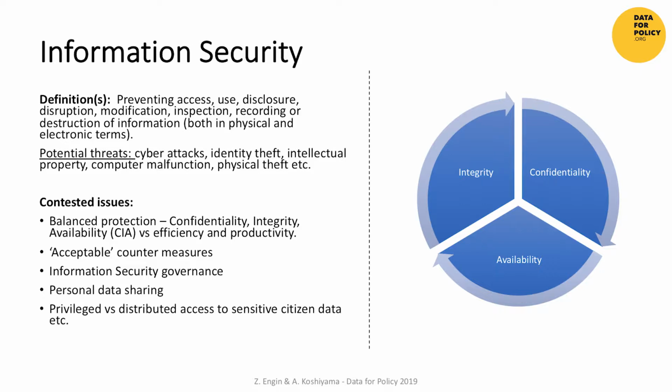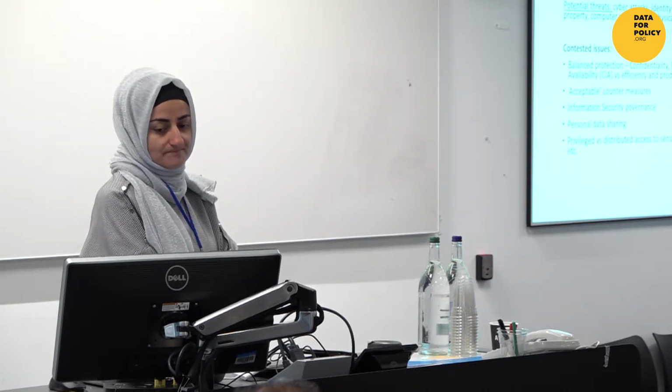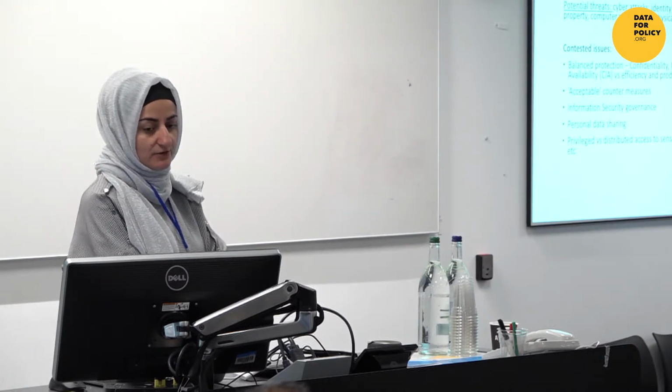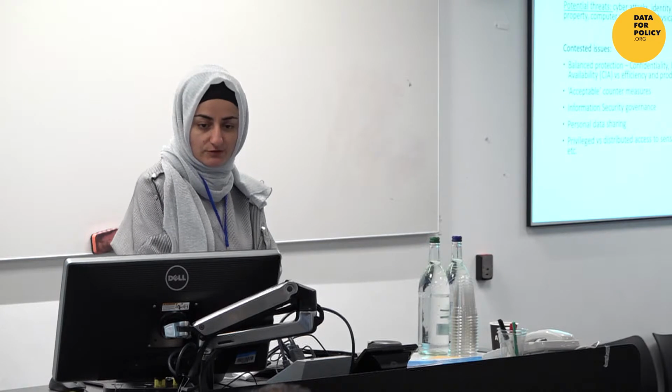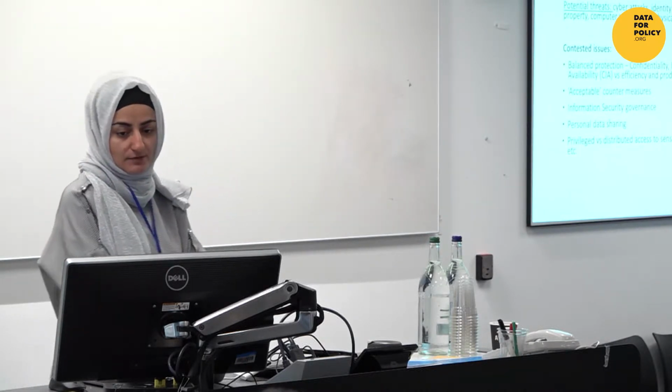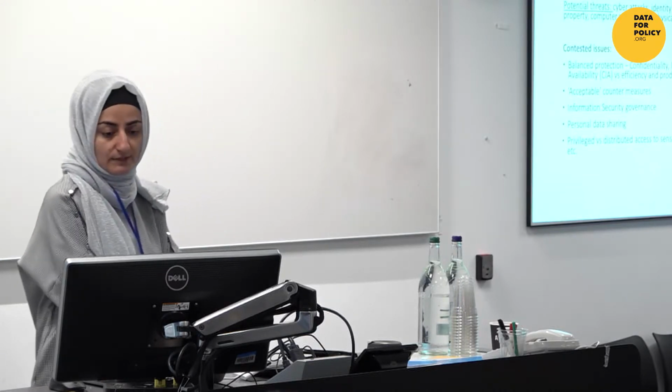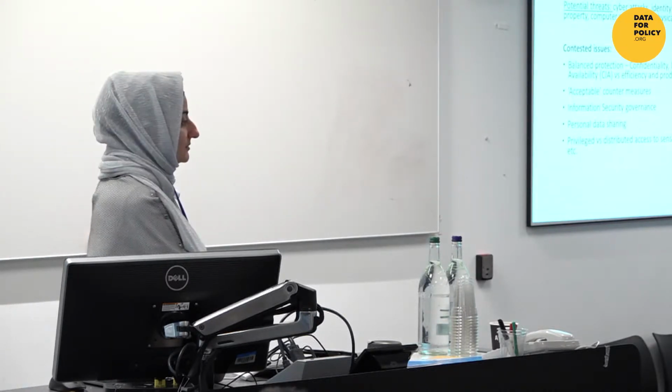A big disciplinary response to some of these challenges is what we call information security, where we try to ensure the integrity, confidentiality, and availability of information against any type of threat, ranging from cyber attacks all the way to computer malfunction or physical theft. In this case, the sensitive thing becomes what the acceptable countermeasures are.